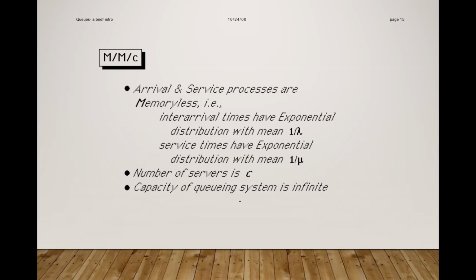Then of course the mean time between arrivals would be 1 over lambda and the mean time being served is 1 over mu. And we have the number of servers as C. The capacity of the queuing system is still infinite since nothing is turned away.